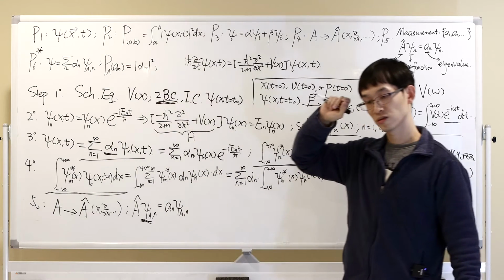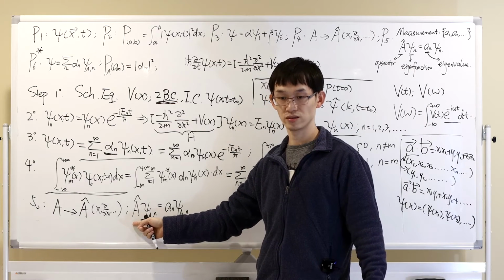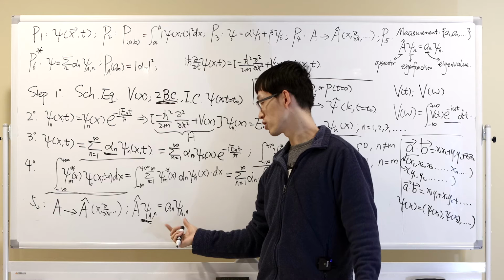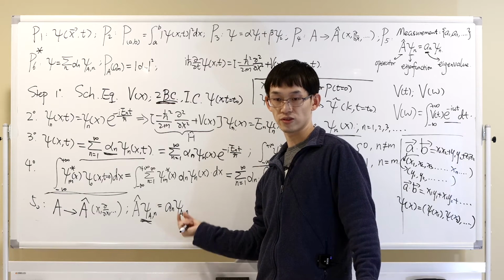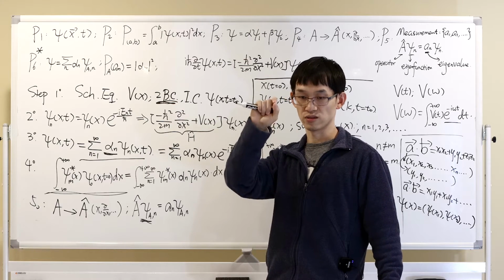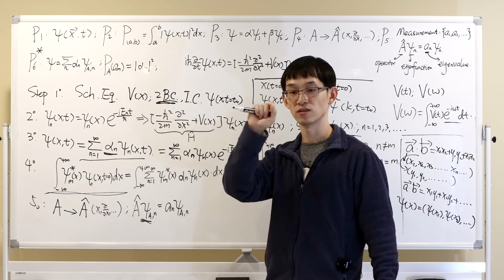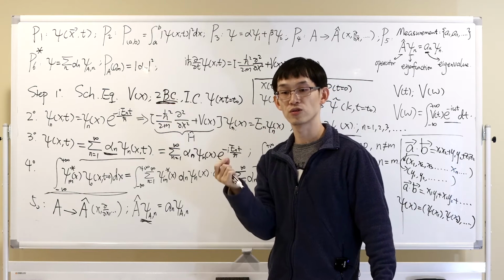So the way to understand this is that for each operator, you would have a group of unique eigenstates. Right? For example, the eigenstate for position is the delta function. It's like you're at position x1, that's your eigenstate. For momentum, you will have a different group of eigenstates.